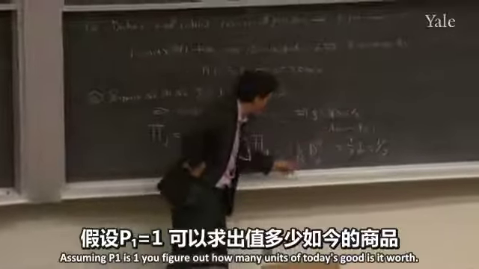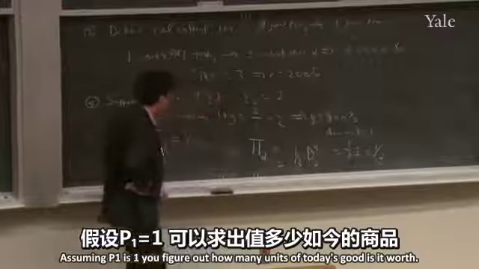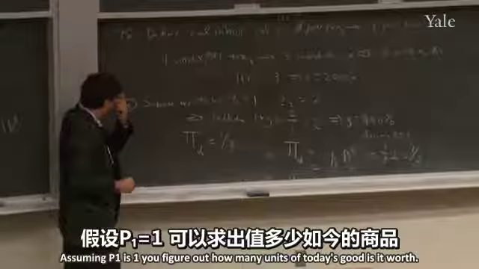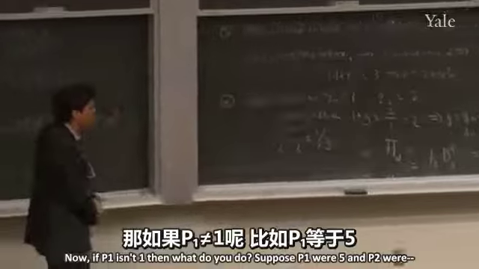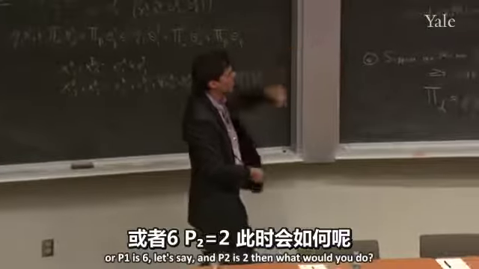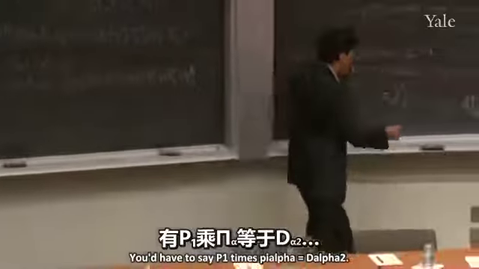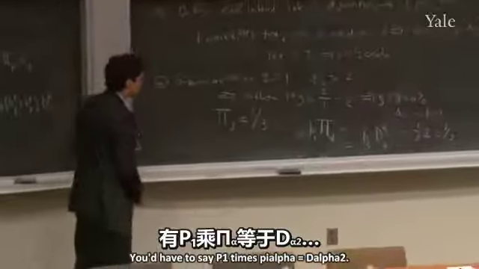Assuming P1 is 1, you figure out how many units of today's good it is worth. Now if P1 isn't 1, then what do you do? Suppose P1 is 6, let's say, and P2 is 2. Then what would you do? You'd have to say P1 times pi alpha is equal to d alpha 2.